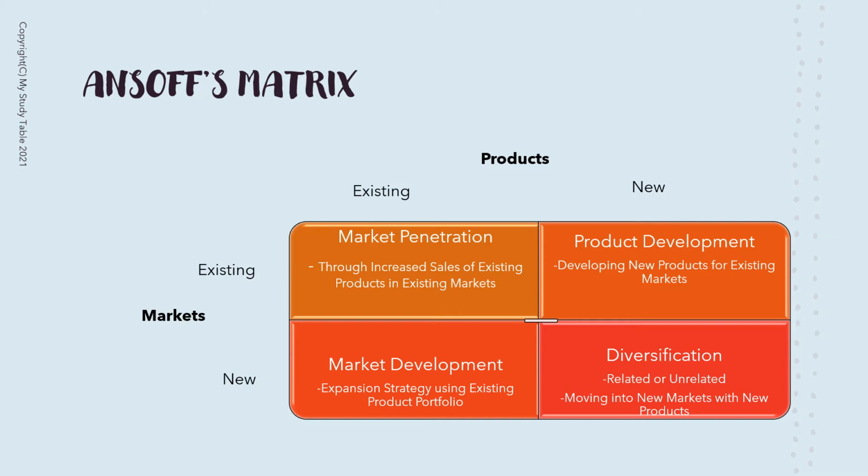When you talk about related diversification, it refers to a product which is similar to the previous product portfolio. When you talk about unrelated, it's two different industries altogether. Through diversification, the company can move into new markets with new products. So that way they can explore a new market and they can do so with their new product portfolio.